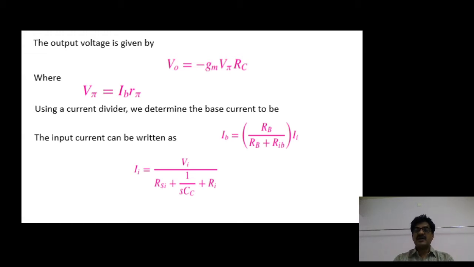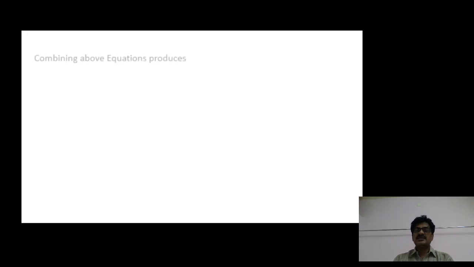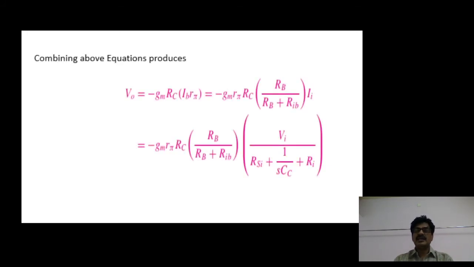Now substituting all these equations into V naught, you can get the voltage gain.